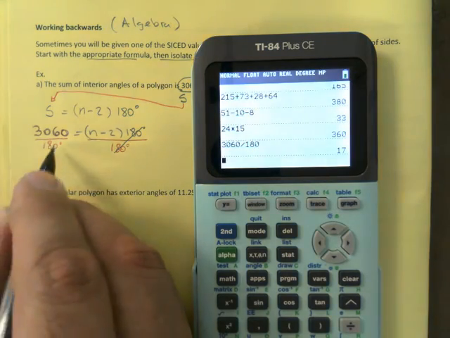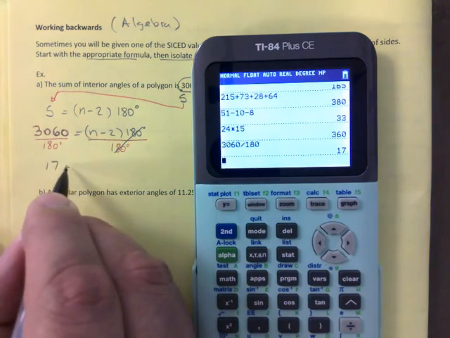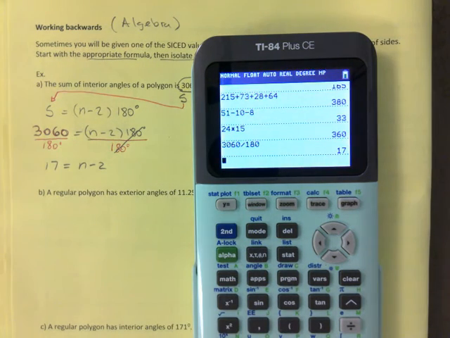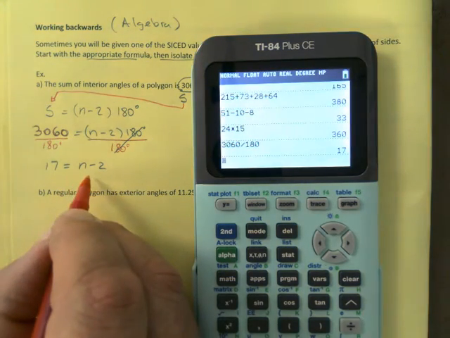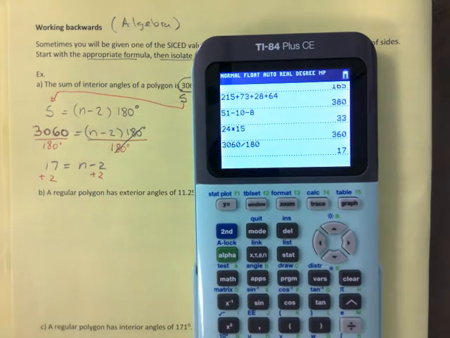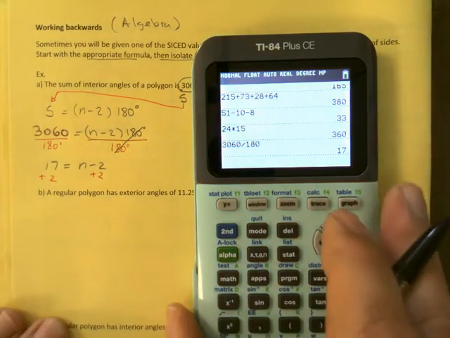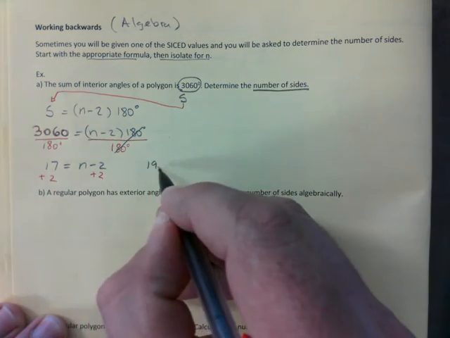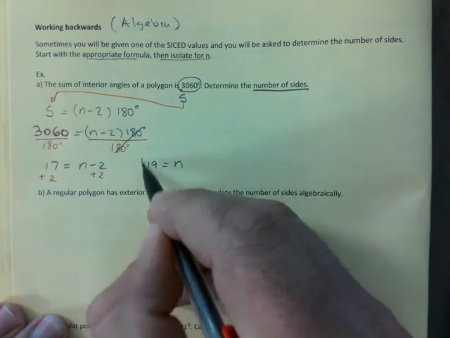On the other side, it's just n minus 2. We can get rid of the brackets now because the 180 that was multiplying is now gone. Some of you are going to add 2 to both sides, and so I end up with 19 on the left side and n on the right.